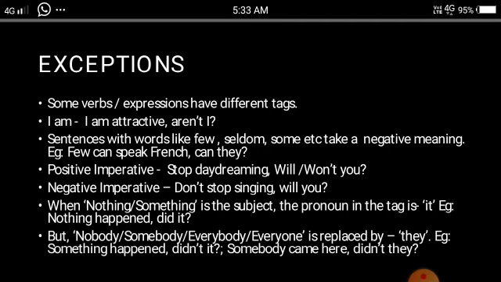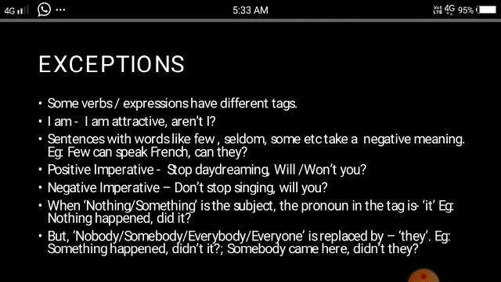Now, sentences with words like few, seldom, hardly are all considered negative. For example, few can speak French.